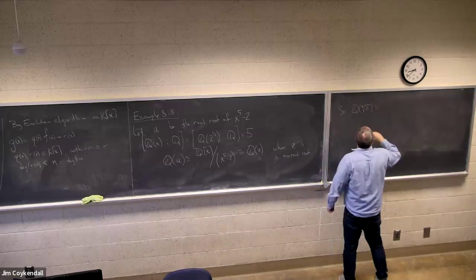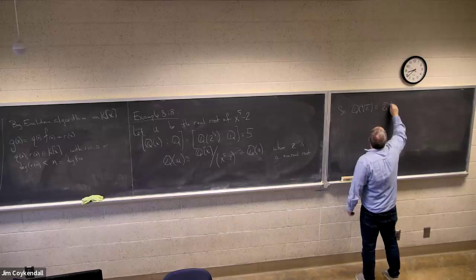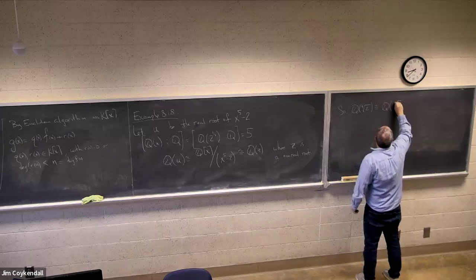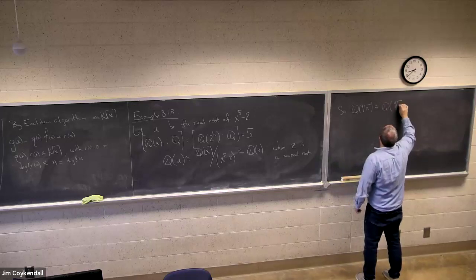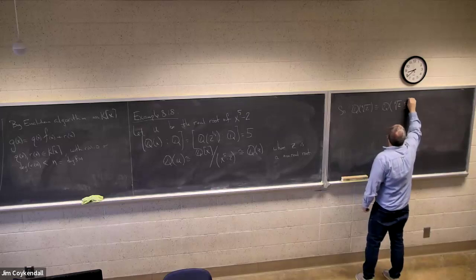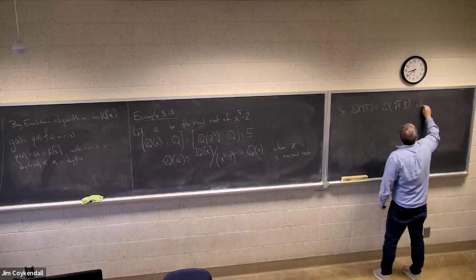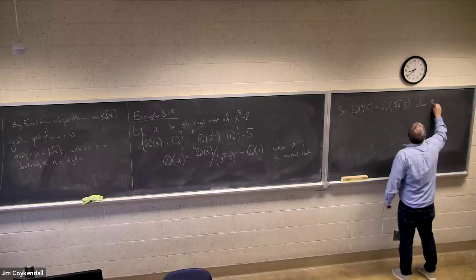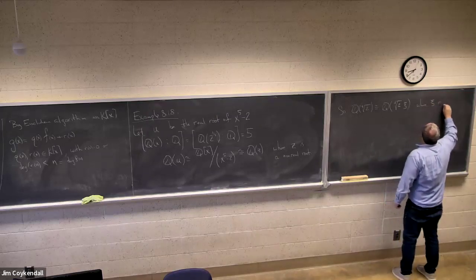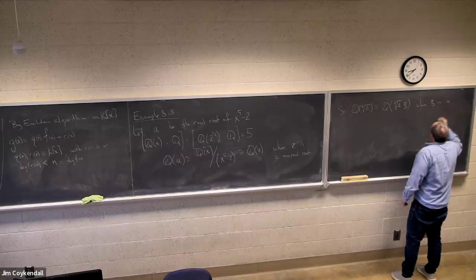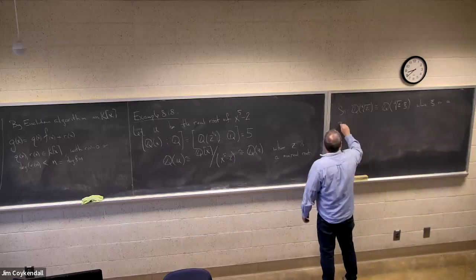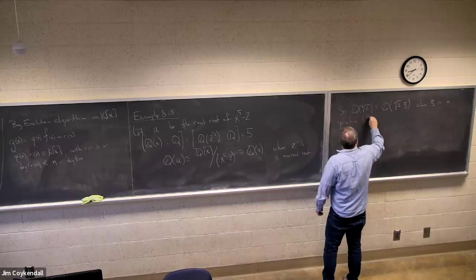This is isomorphic to Q of the fifth root of 2 times zeta, that is, where zeta is a primitive fifth root of 1.